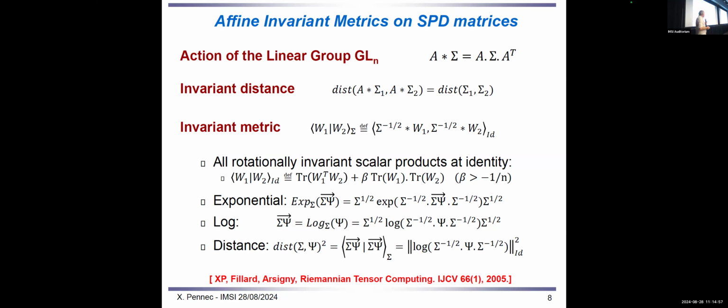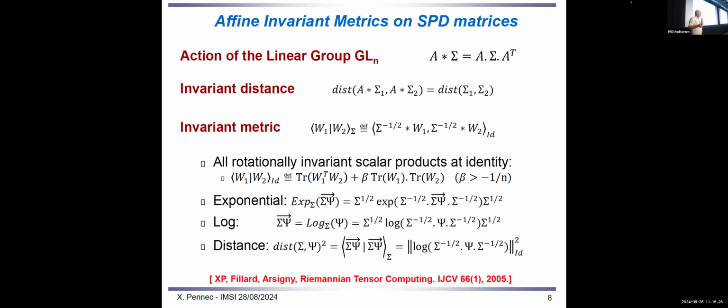So I want to have an invariant action. If we do that, then we can show that we can use a transformation sigma to the minus 1/2. It means that we can characterize the scalar product by its value at the identity. And moreover, this scalar product should be invariant by rotations. All these scalar products are of this form here. And we can determine in closed form the expression of the exponential and log map.